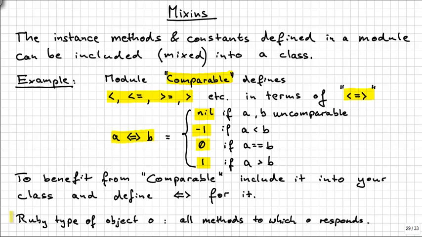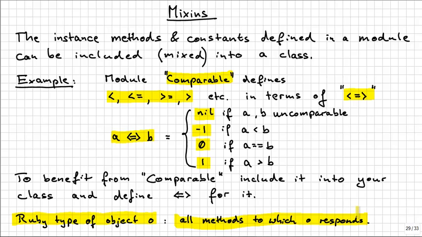Because mixins exist in Ruby, the terms type and class aren't equivalent as they are in some other object-oriented languages. Rather, in Ruby, the type of an object is defined by all methods to which the object responds. And these methods can come from whatever you define in the class itself, or from modules you mix into the class.